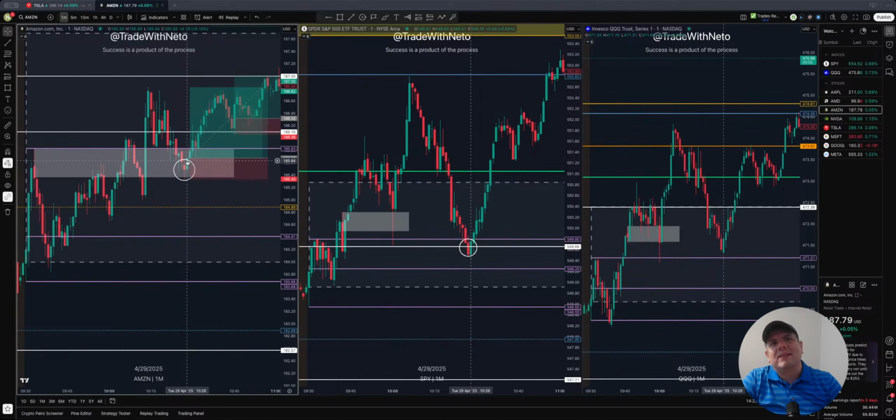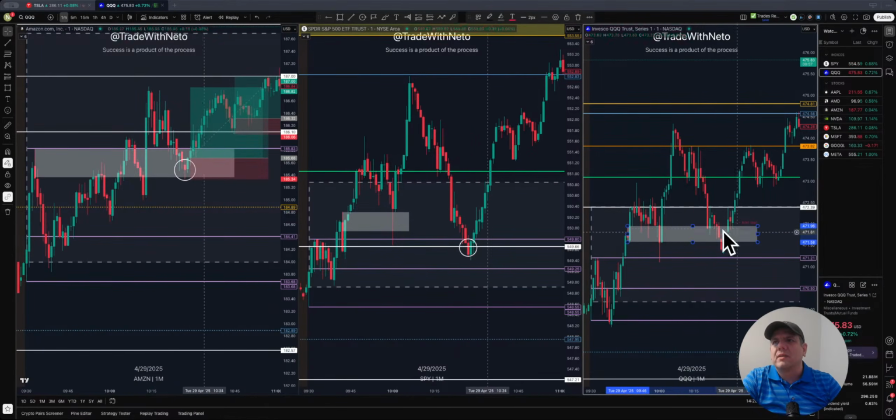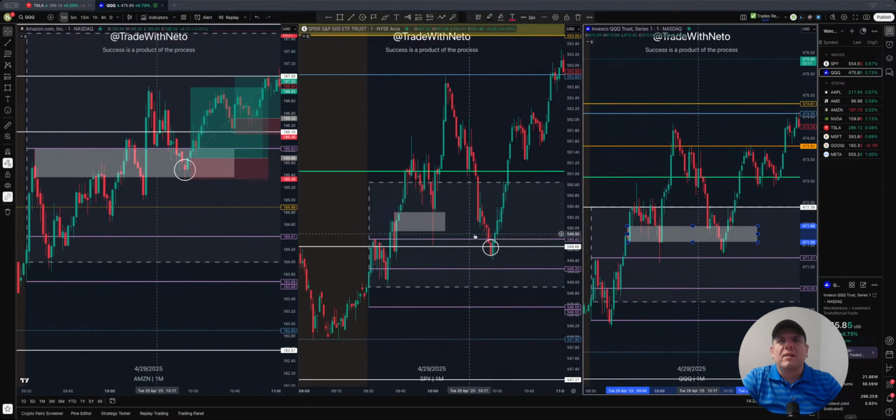Can you see here, guys? This is again on QQQ. This was the reclaim of this order block, and in SPY we were reclaiming this 5 minute opening range.